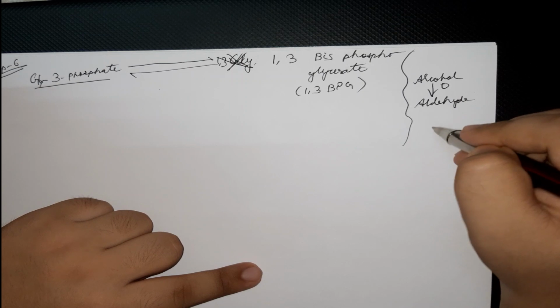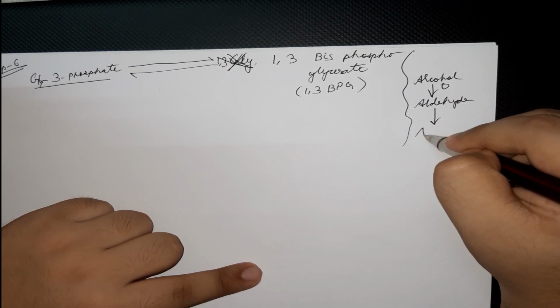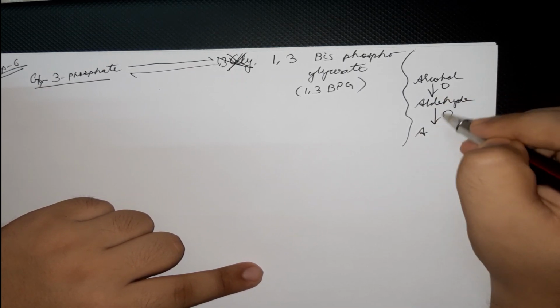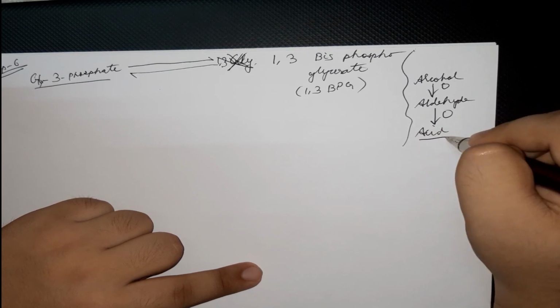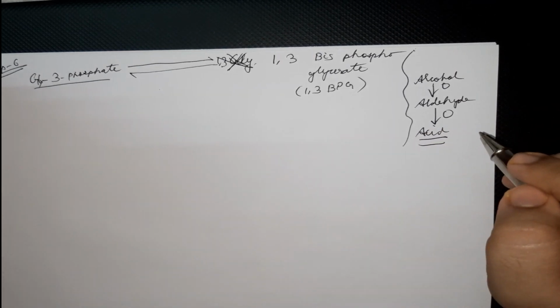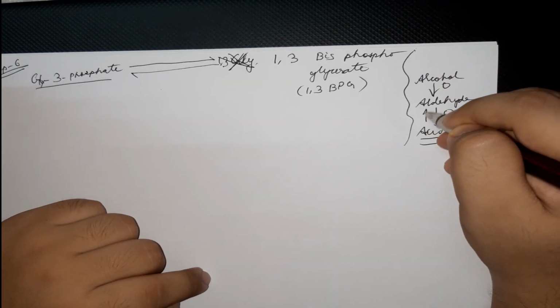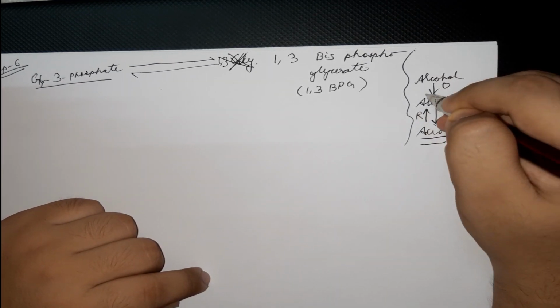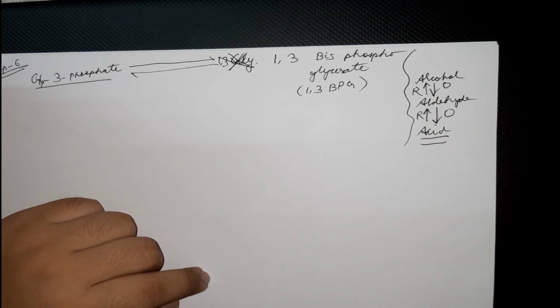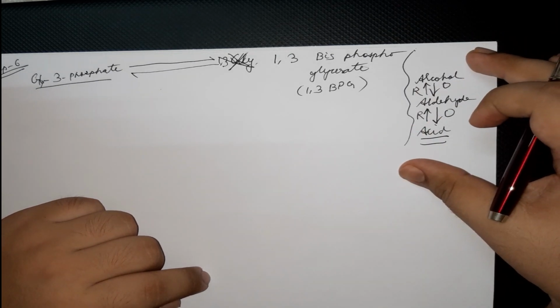Again, if we oxidize the aldehyde, we'll get a carboxylic or an organic acid, right? So this is the trend. And again, if the other side is to occur, then this will be reduction.